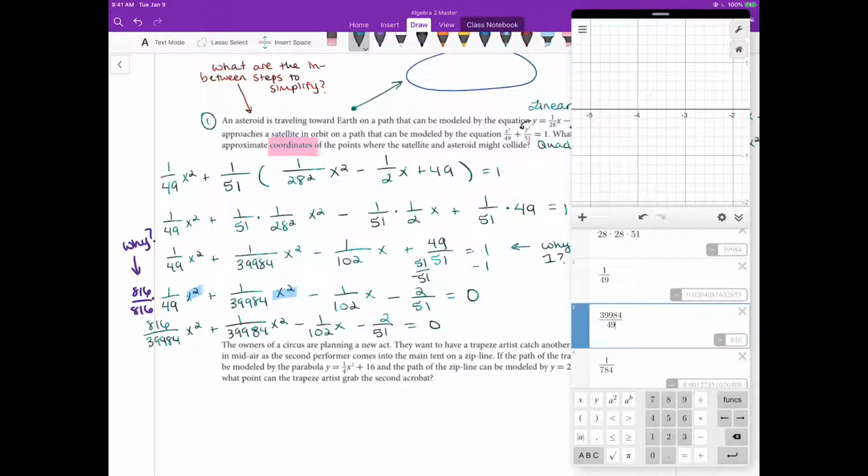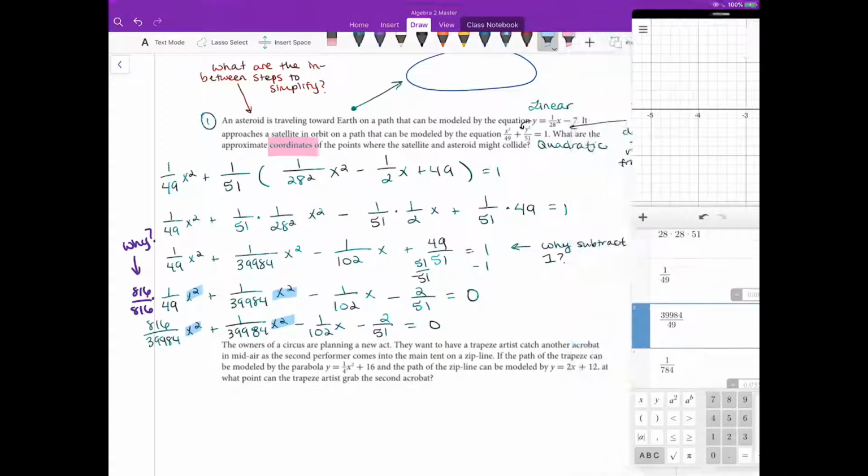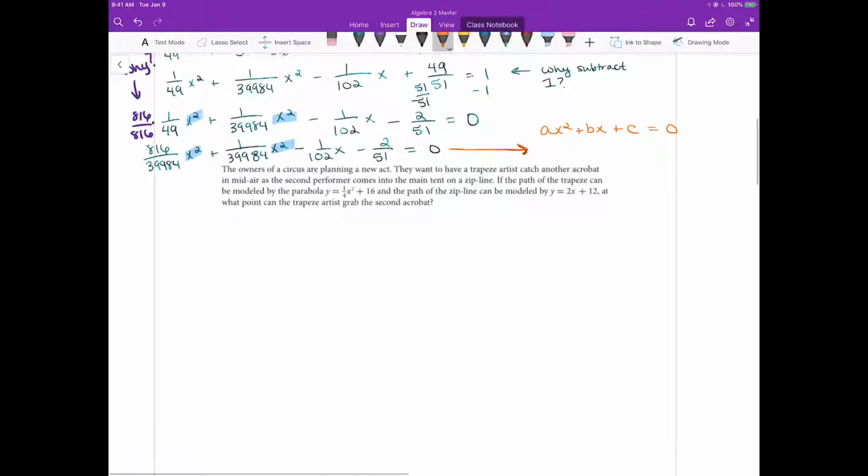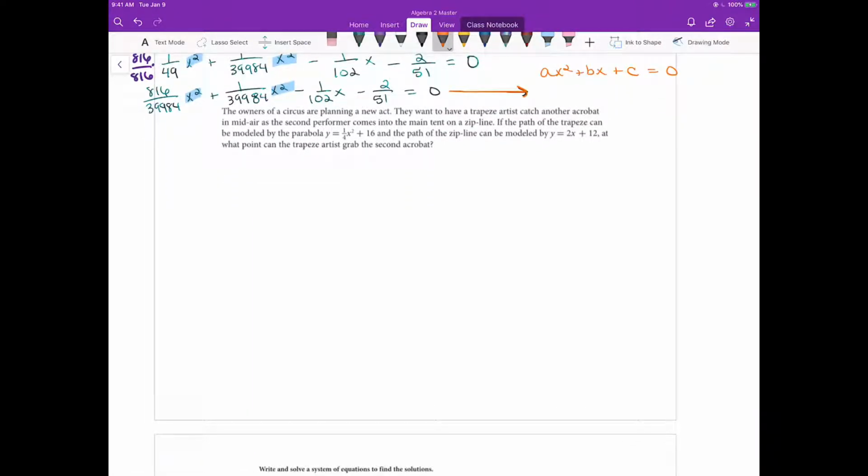And we're almost done because now we can combine these pieces and get our equation into standard form, ax squared plus bx plus c equals 0. After all of this, you just need to be concentrated on that standard form.